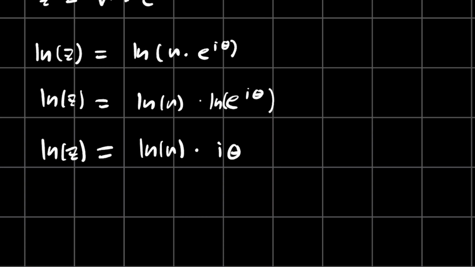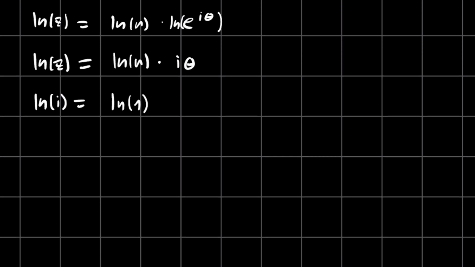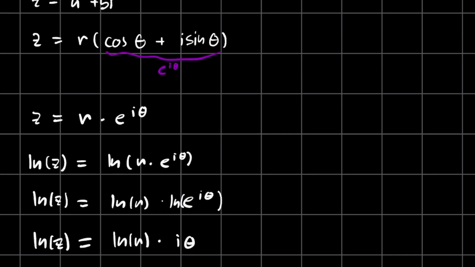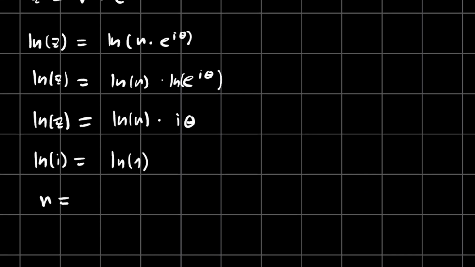So now that we have this, we can simply proceed to write ln of i is equal to ln of 1 in this case. Why 1? Because 1 is basically our r. If we check r of this case, r of a plus bi, it's going to be basically 1.